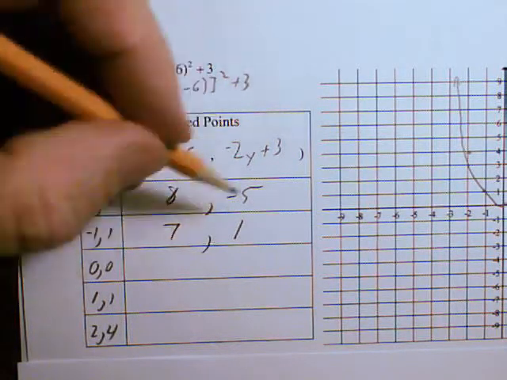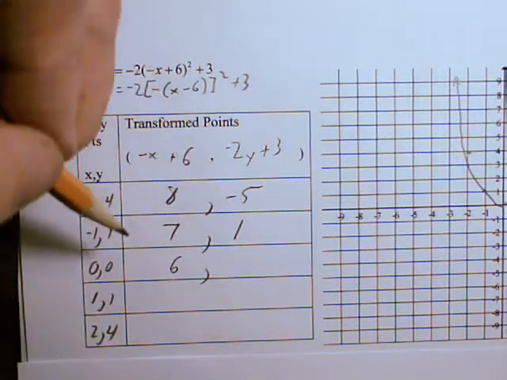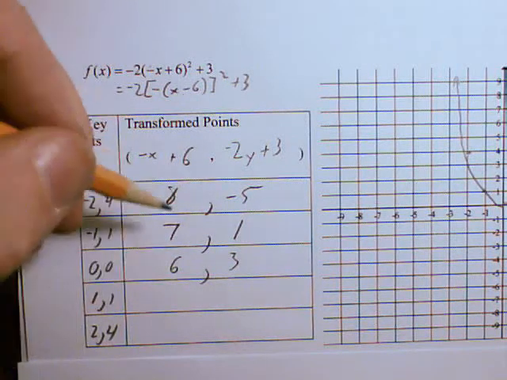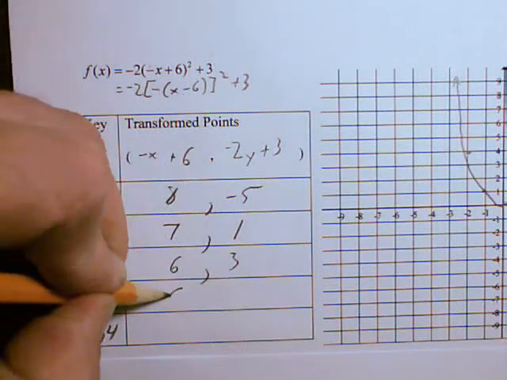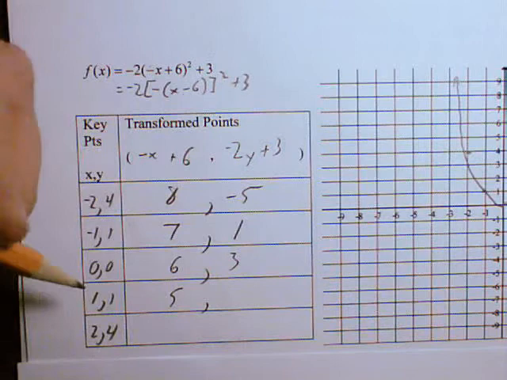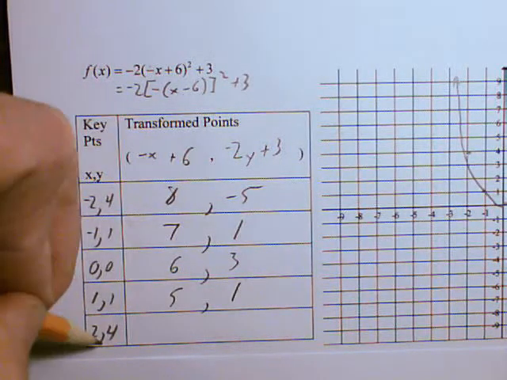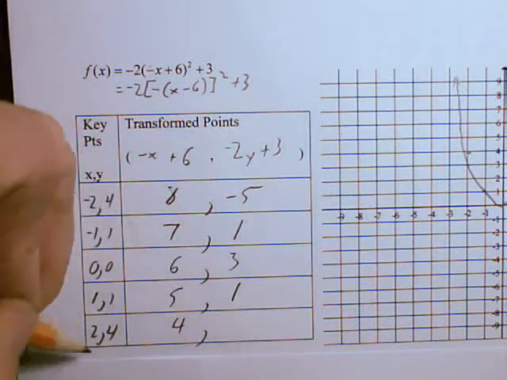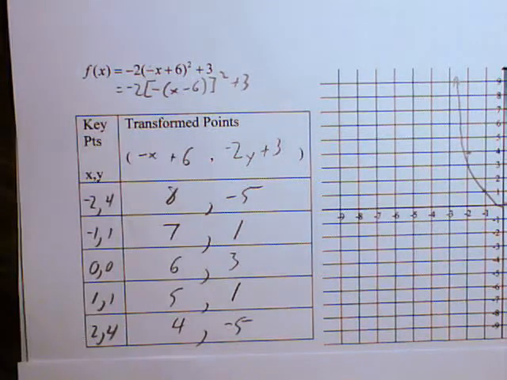And then 0, 0: 0 plus 6 is 6, and 0 plus 3 is 3. Then for 1, 1, I will have negative 1 plus 6 is 5, and negative 2 plus 3 is 1. And then for 2, 4, negative 2 plus 6 is 4, and negative 8 plus 3 is negative 5.